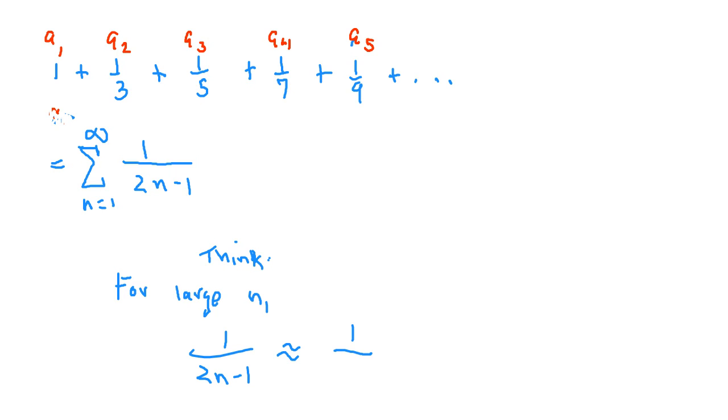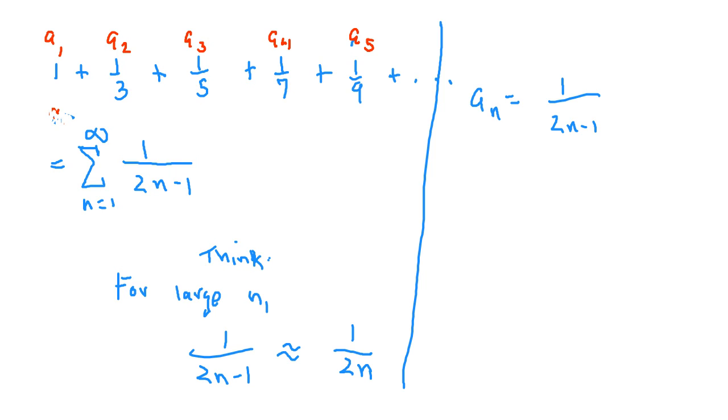Well, how about 1 over 2n? So if we wanted to use the limit comparison test, we could let a sub n be 1 over 2n minus 1, and we'll let b sub n be 1 over 2n.